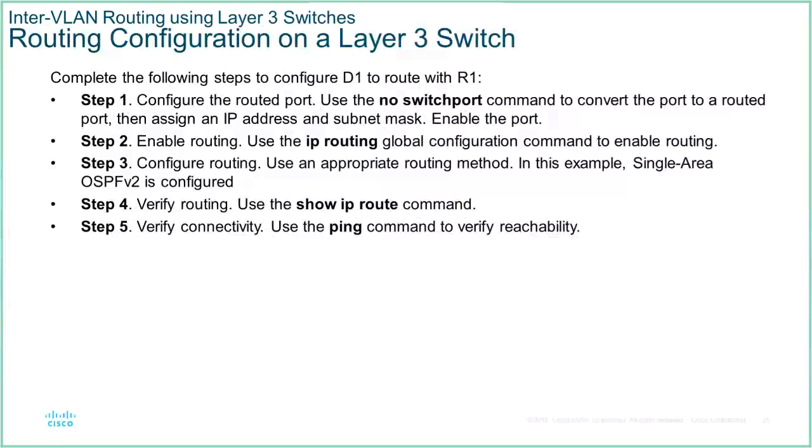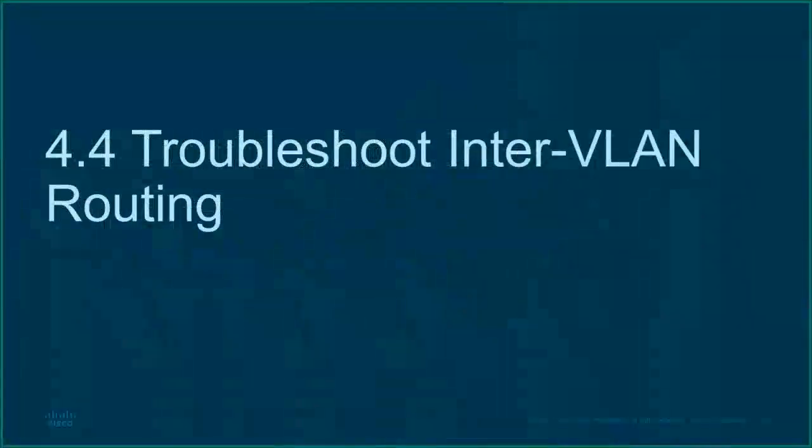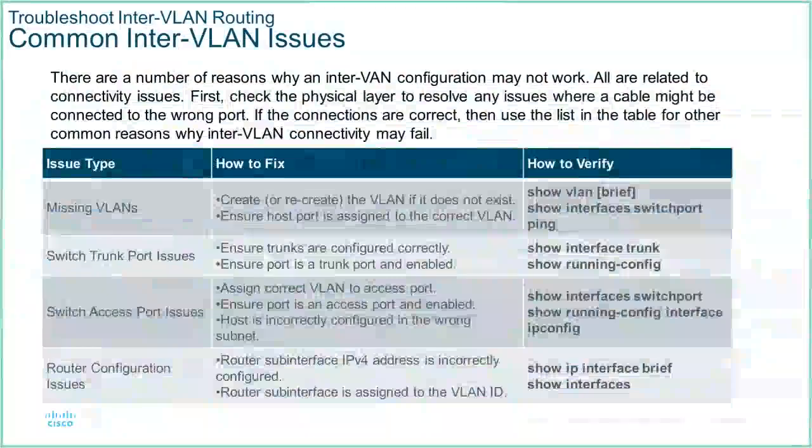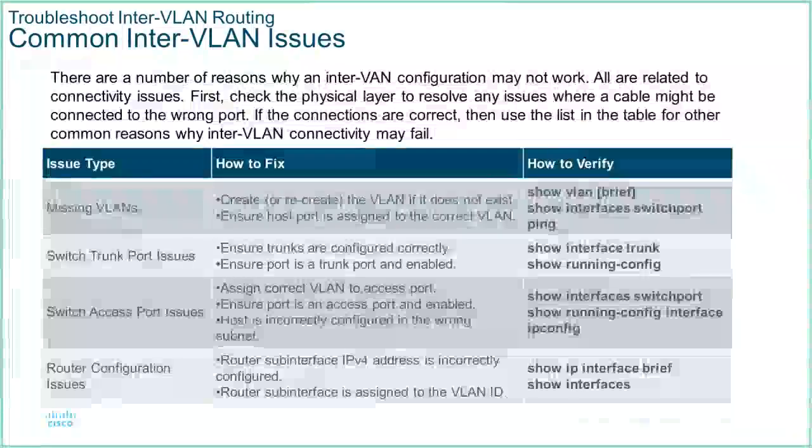Do your routing or static route, whatever we're using, and then verify routing and connectivity using the show ip route commands and the ping commands to confirm connectivity. Now, it's pretty straightforward. We've got some labs to do in this one, so this will all become clearer as you do the labs.